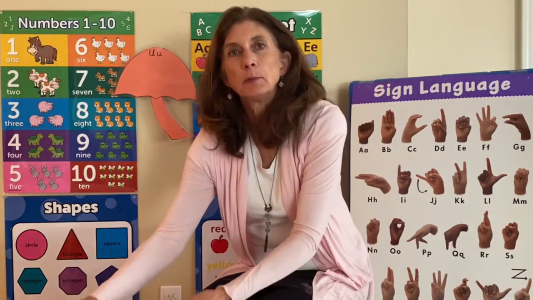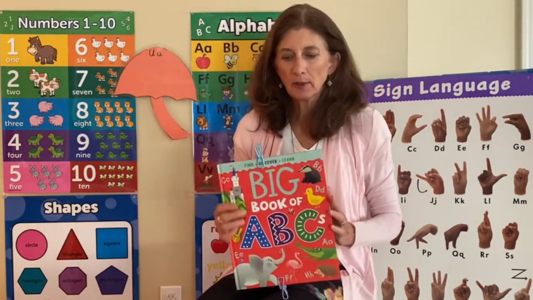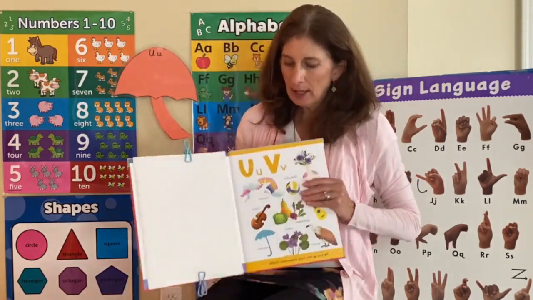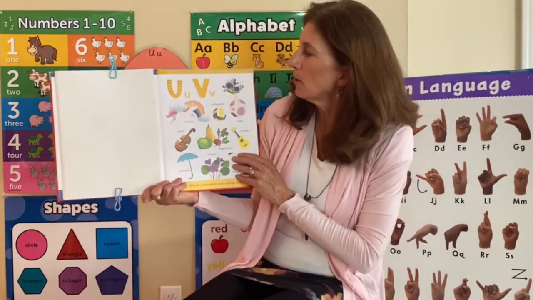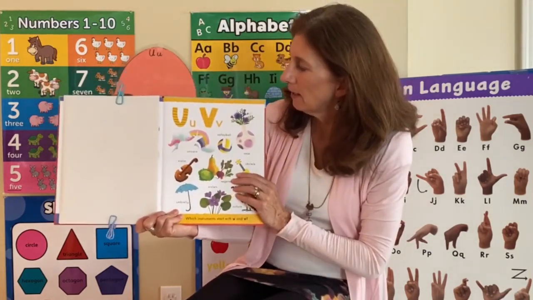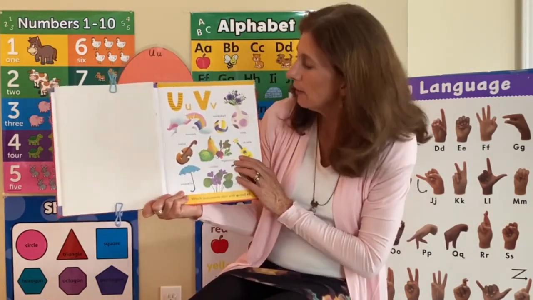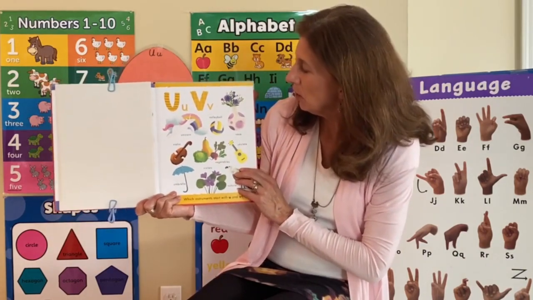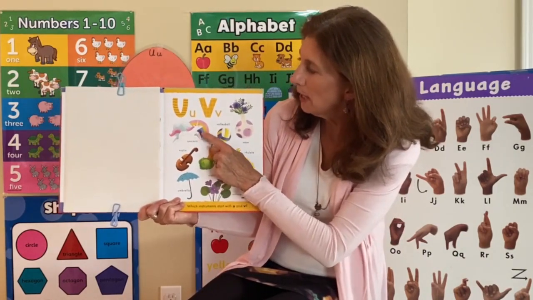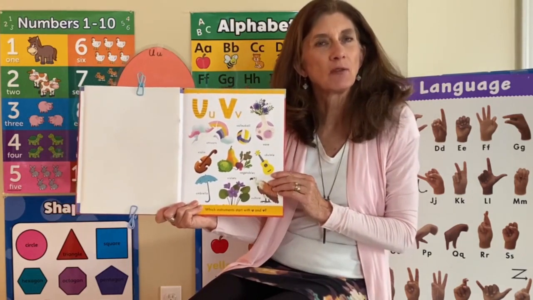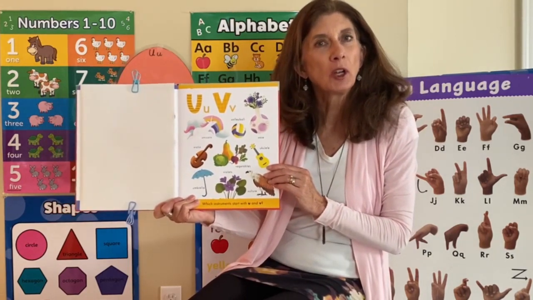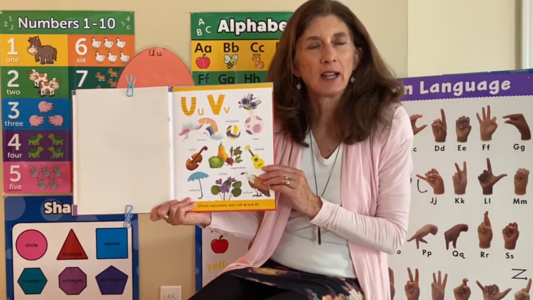Now let's look in the book to find things that start with the letter U. They did the same thing that they did on one other page. They combined the letter U and the letter V. And for the U, they have unicorn. U makes the U sound like unicorn, but we're going to concentrate on the sound.